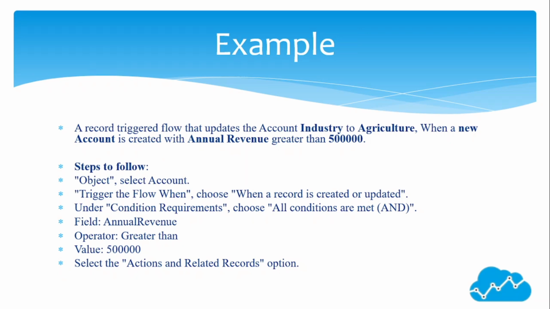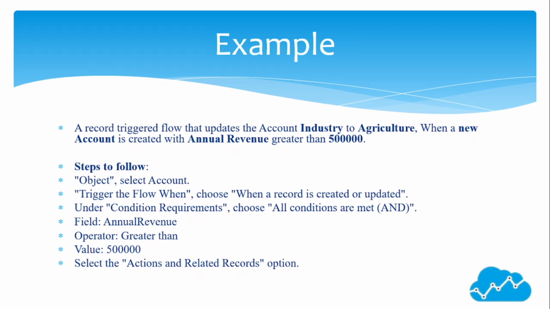Trigger the flow when: choose when a record is created or updated. Under condition requirements, choose all conditions are met, and then we have to provide the condition: field annual revenue, operator greater than, and value should be 5 lakh.